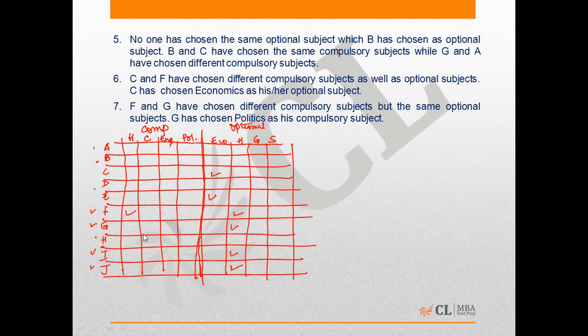G has chosen politics, and F and J would have chosen chemistry or English in any order.